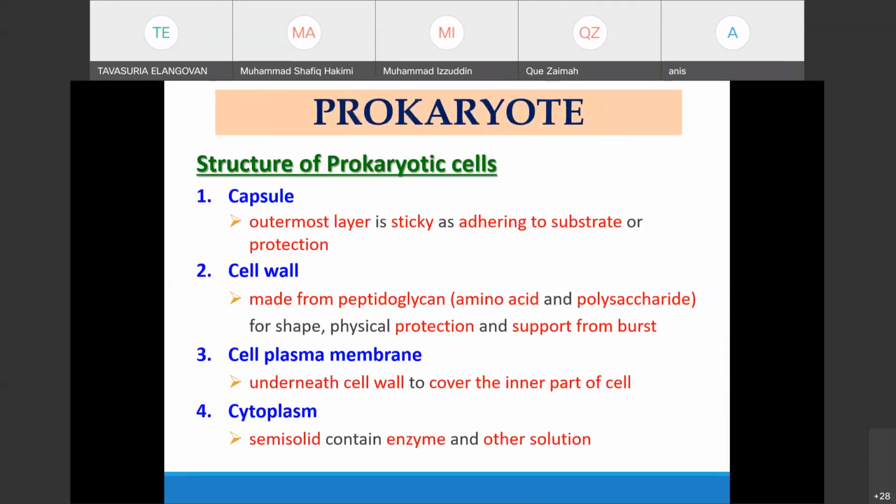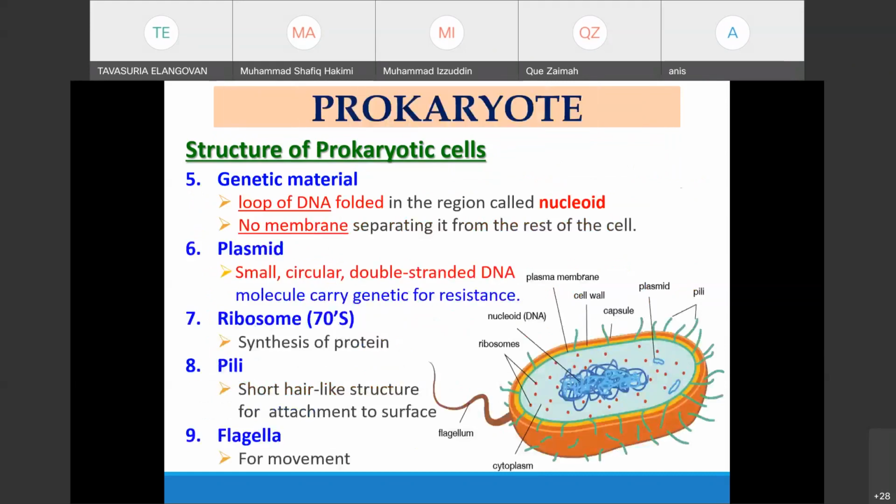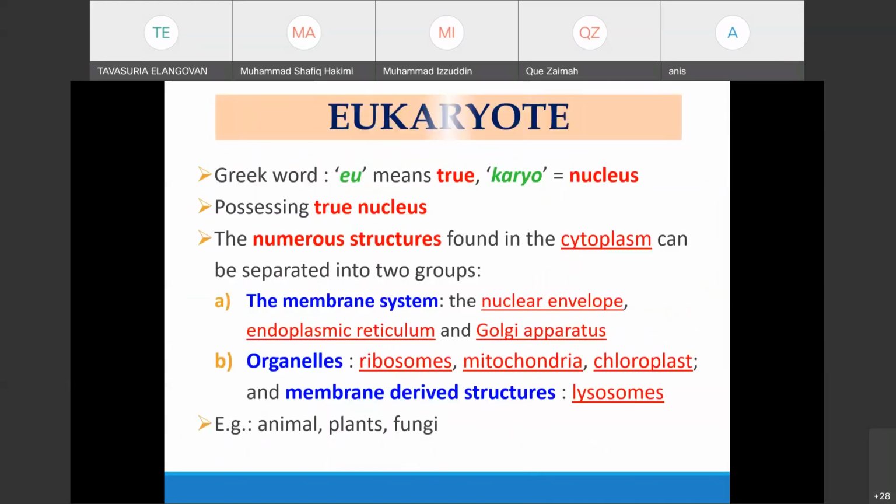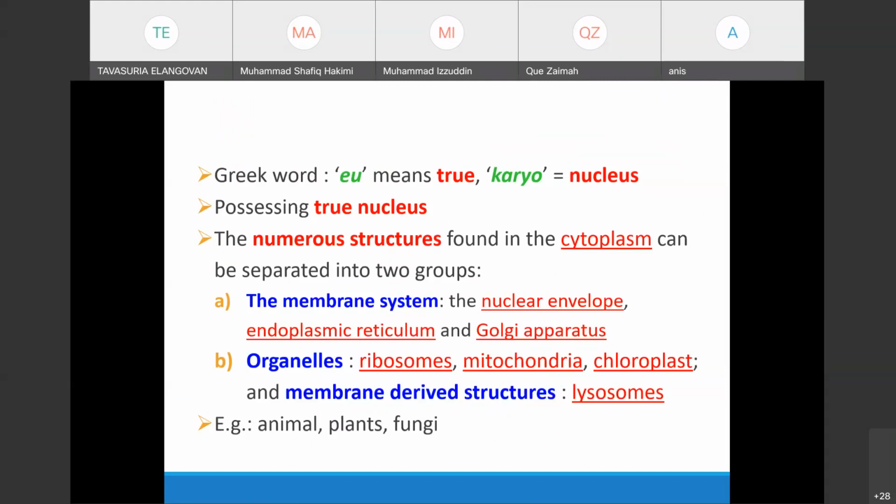However, eukaryotes: eu means true, karyo means nucleus. So eukaryotes have a true nucleus. They evolved after the prokaryotes and are also more advanced. This is the basic difference between prokaryotes and eukaryotes.